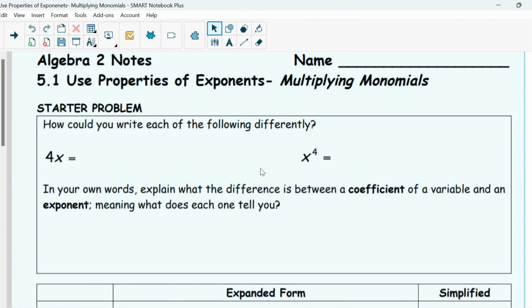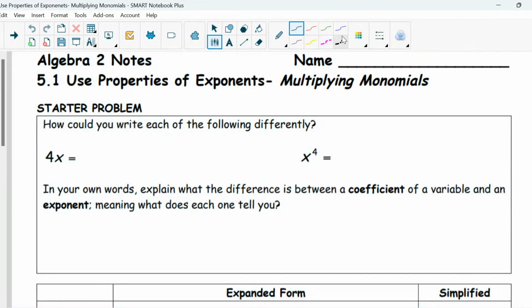Remember, a monomial is a singular term, and we're looking at exponents here. So the starter problem: how could you write each of the following differently? Let's start here with 4x, or 4 times x.